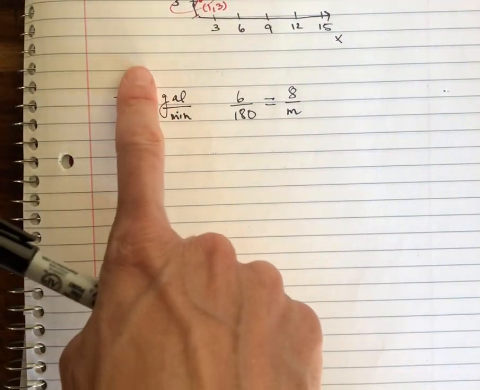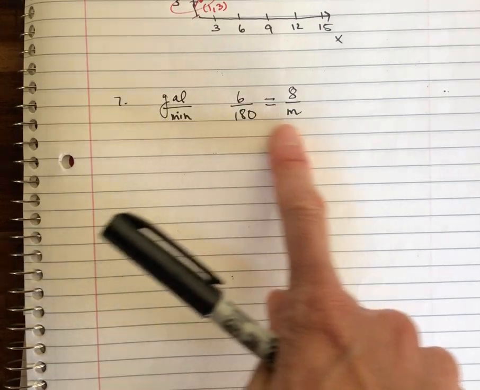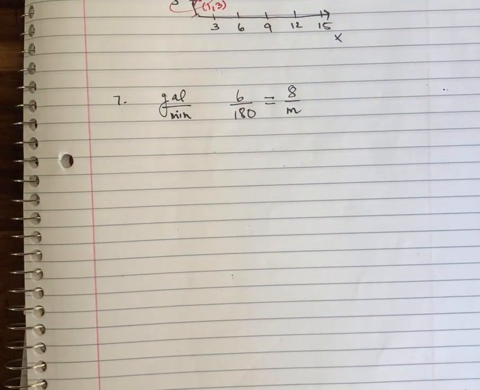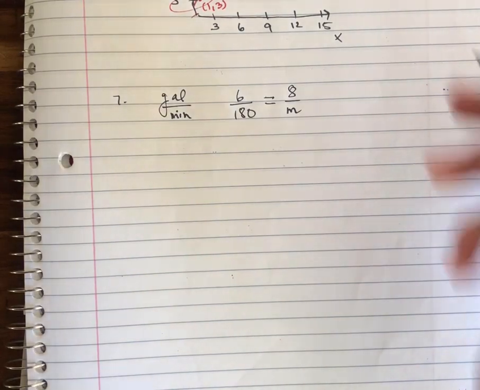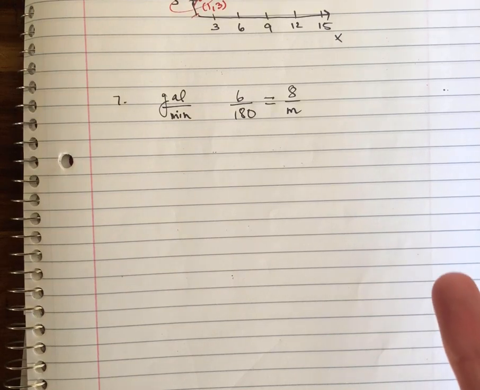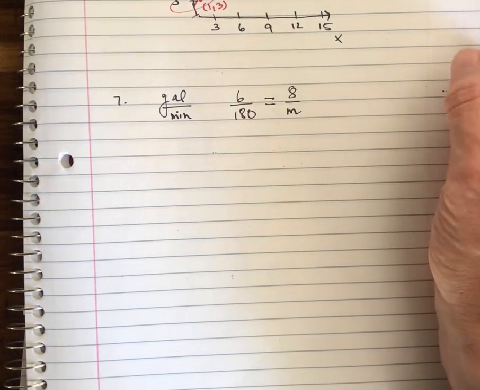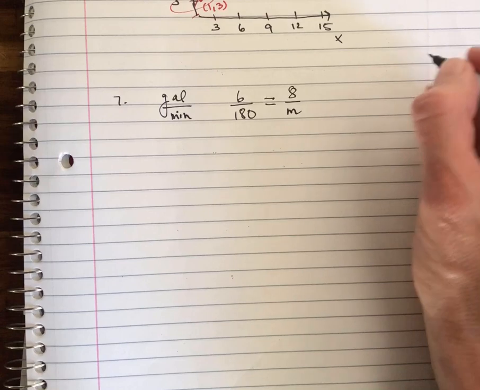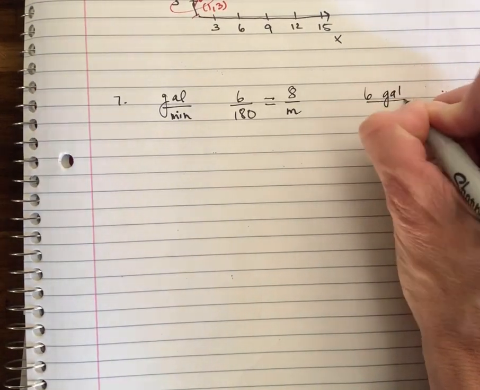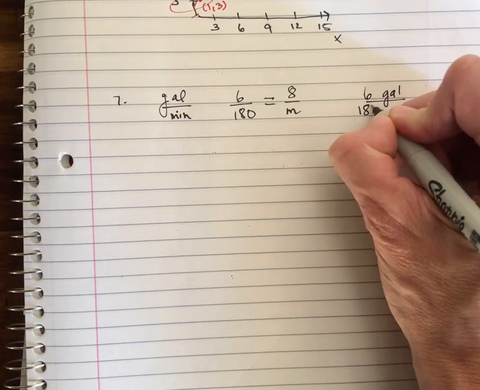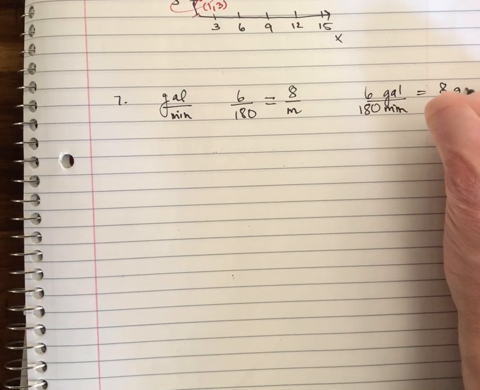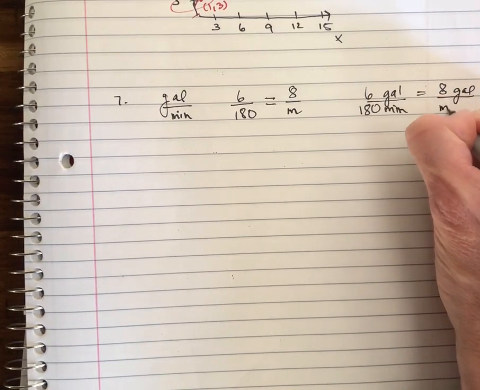You could put minutes across the top and gallons across the bottom so that both of these ratios are flip-flopped, okay? You might see it written on a test, on an end of course exam, where they actually put the units right in the proportion. 6 gallons over 180 minutes equals 8 gallons over M minutes.